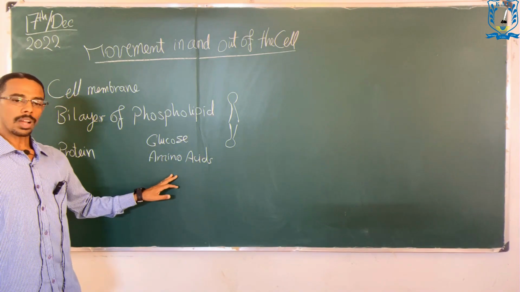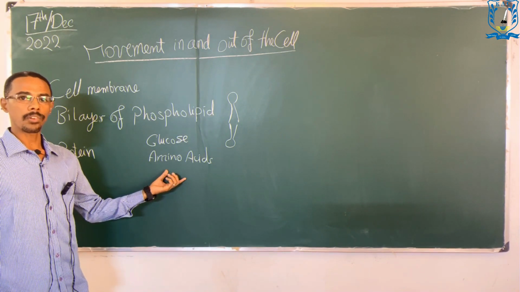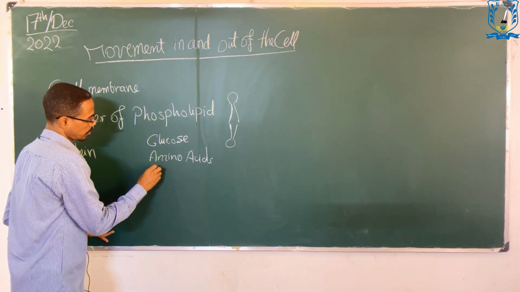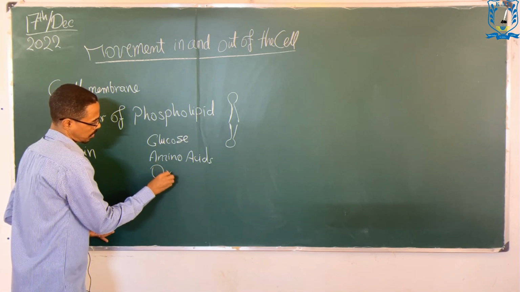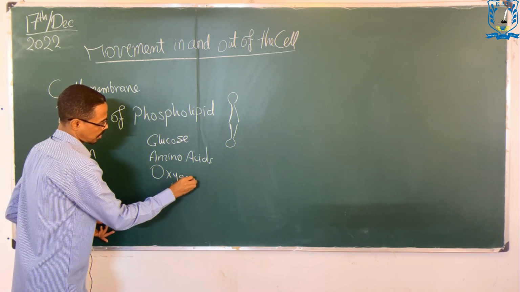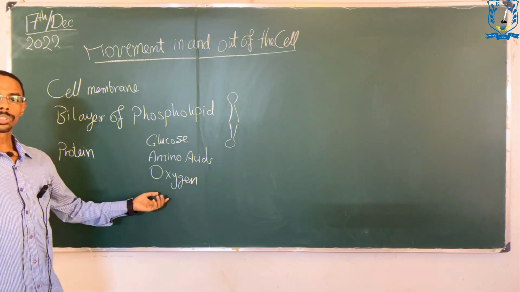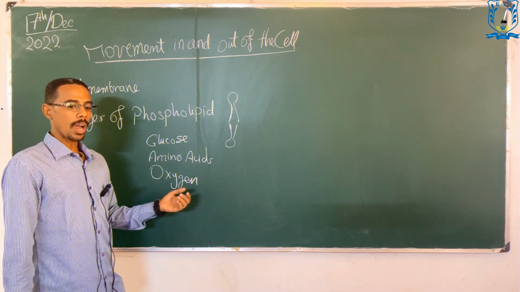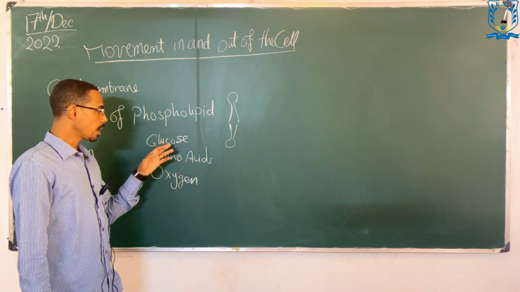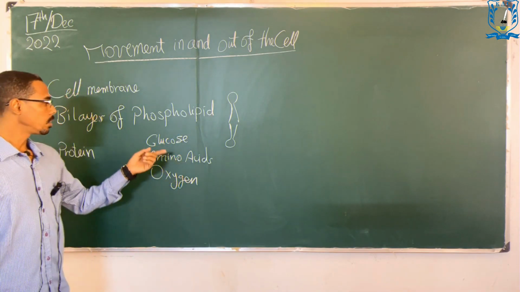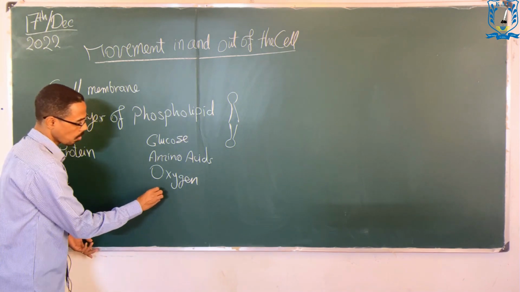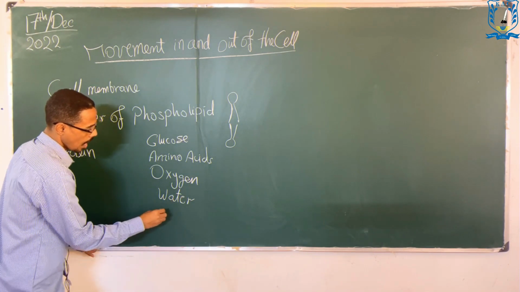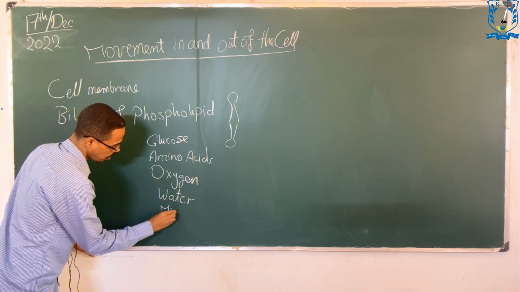Every cell needs amino acids to build its own proteins that it needs for its activities. Oxygen. Cells also need oxygen to carry out cellular respiration by breaking down or burning this glucose. Water, and minerals or salt.